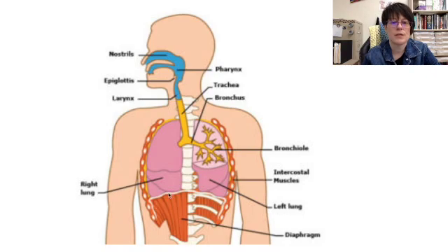So here is the diaphragm at the bottom of the lungs. When it contracts this way and flattens out, it creates an area of low pressure, so oxygen will go into the lungs. When it relaxes, it creates an area of higher pressure and carbon dioxide is forced out of the lungs.